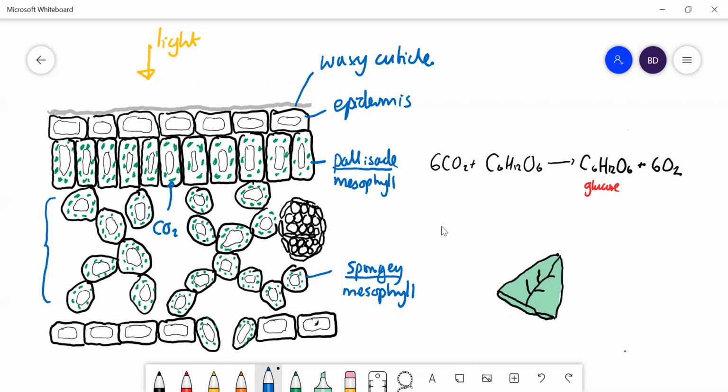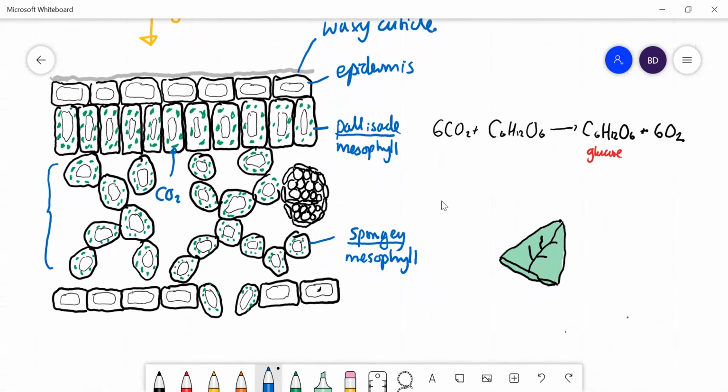And we can also see on the bottom layer here, this is the lower epidermis. We have these holes here, which are called a stoma. And surrounding each stoma, you have two guard cells. We'll talk about those in a minute.